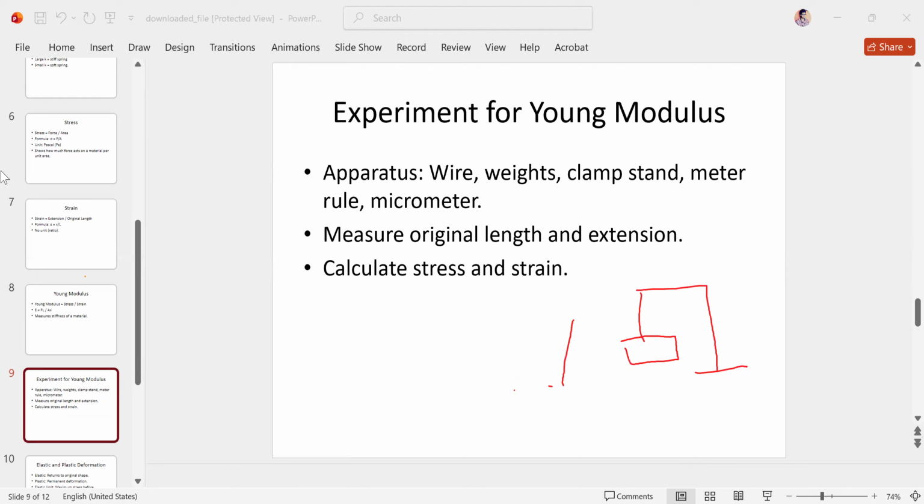You will notice that the length of the wire will increase due to the load. The change in the length of the wire, when we divide stress by strain, the ratio is called the Young modulus. I hope you understand.